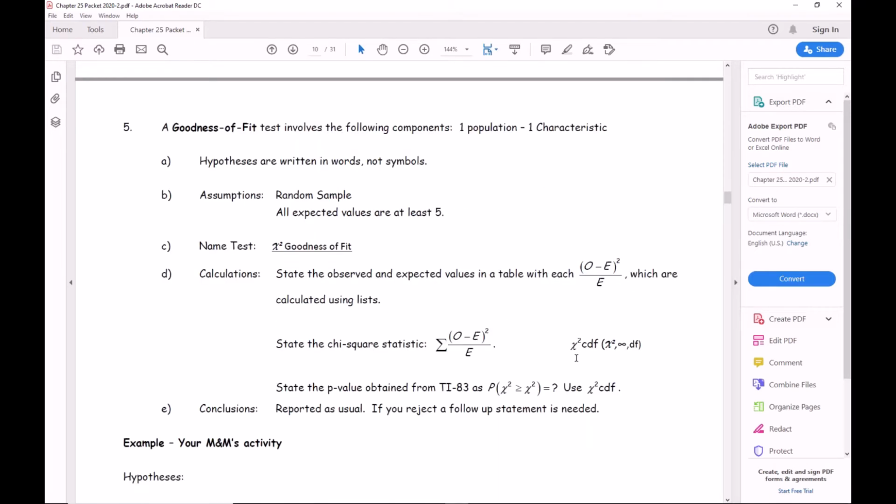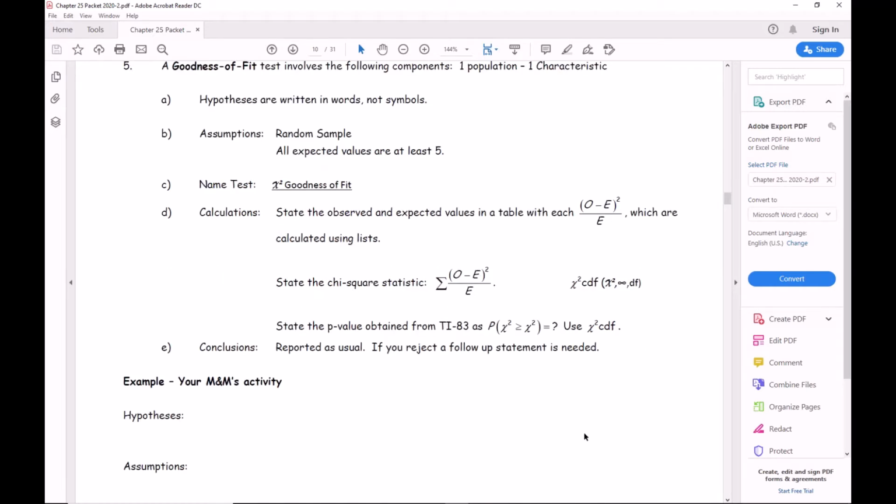All right, so observed minus expected squared divided by expected, that's a formula to know. Chi-square CDF, and those are your parameters. So assumptions: randomness, all expected values are at least 5. Remember, we added on populations are at least 10 times the sample size.